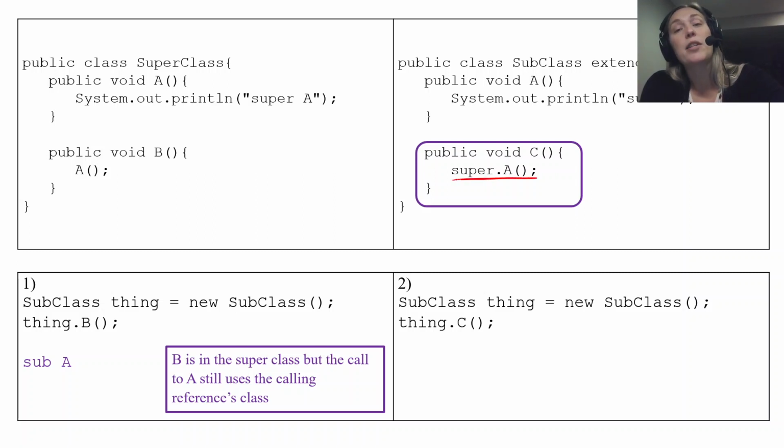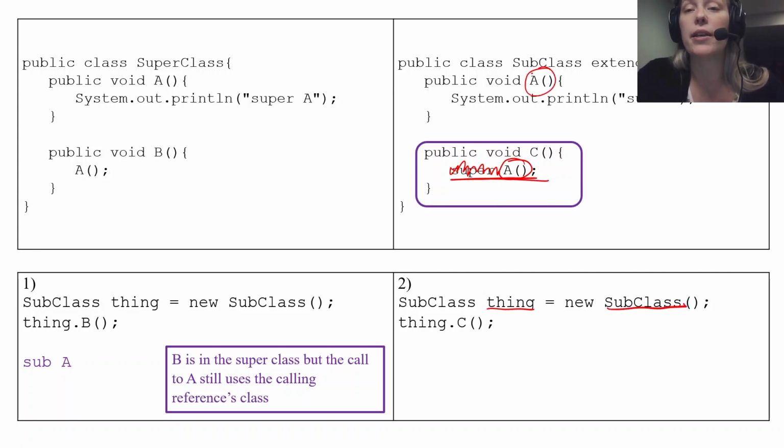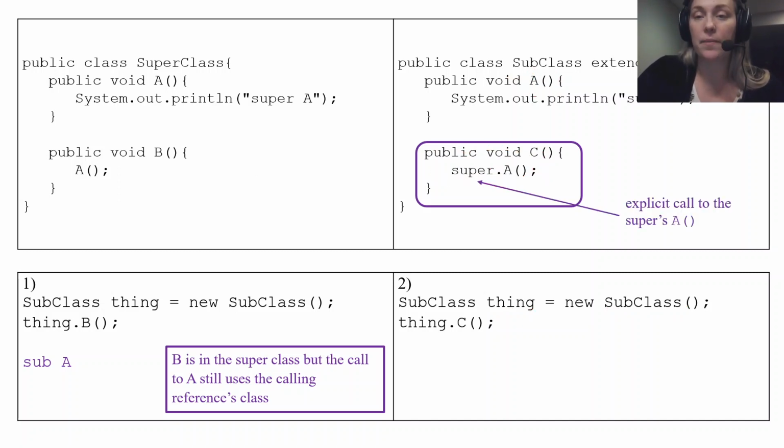Now I have a specific call to super.a. Okay. Now I want to say if this wasn't here, if I just had A, because thing is a subclass, I would run this right here. But I do have super.a, which means it's an explicit call to super's A method.